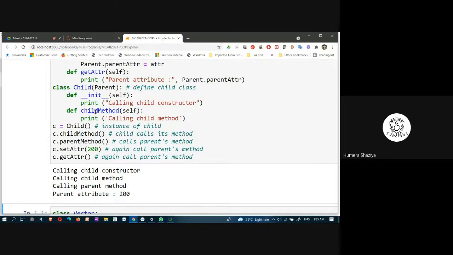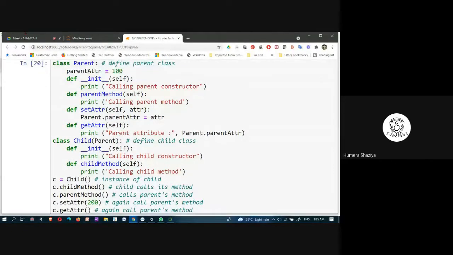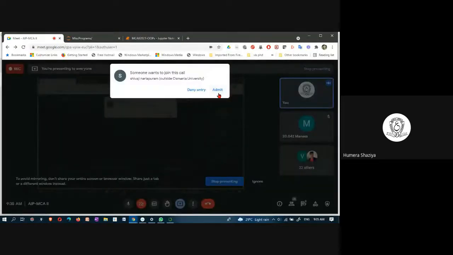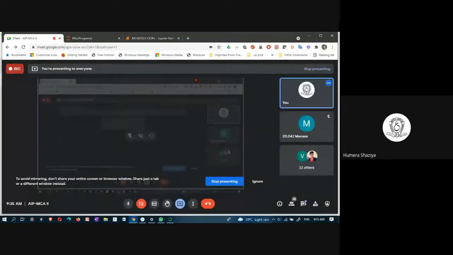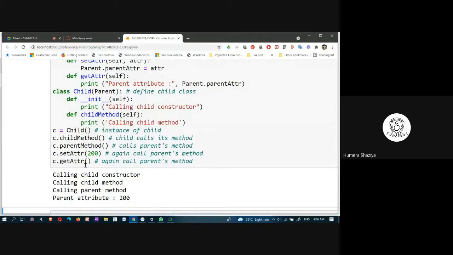The child method just prints calling child method and then setAttr, setting the attribute to 200. setAttr is within Parent, because Child is the subclass of the Parent class.